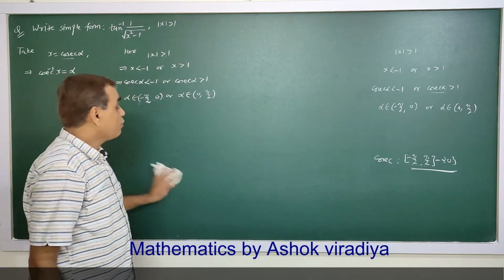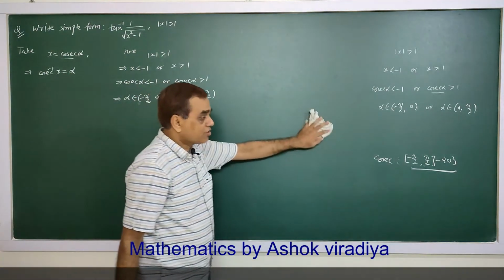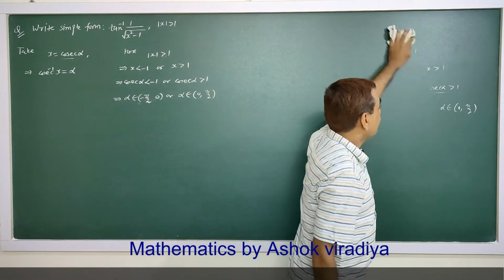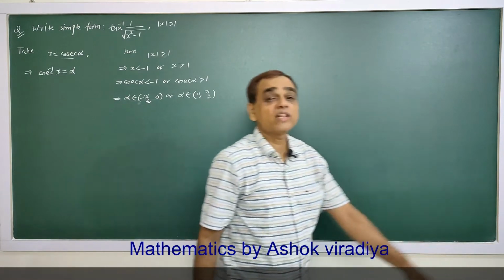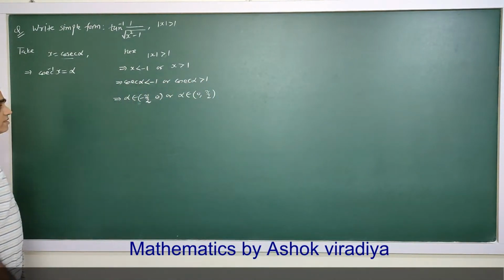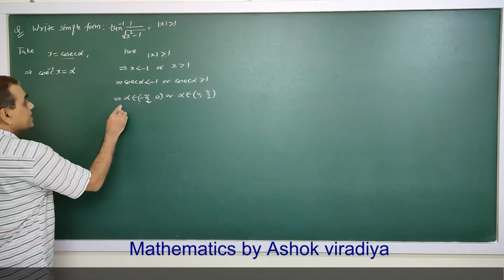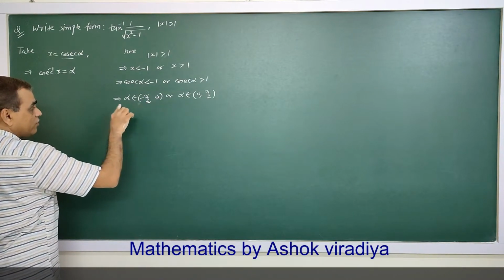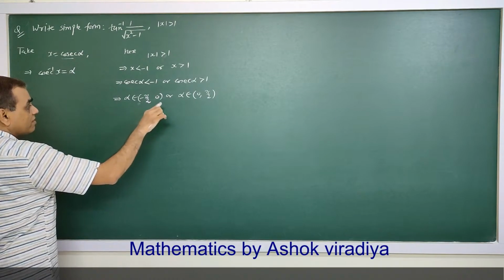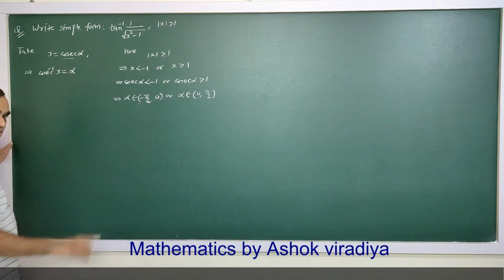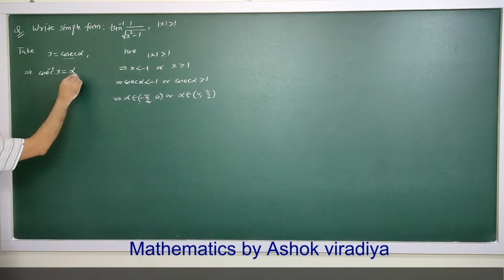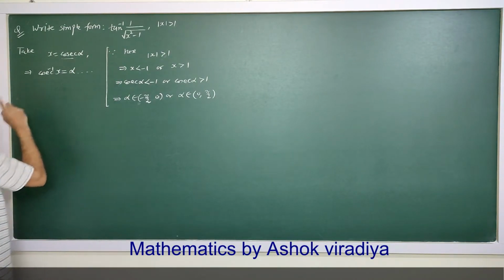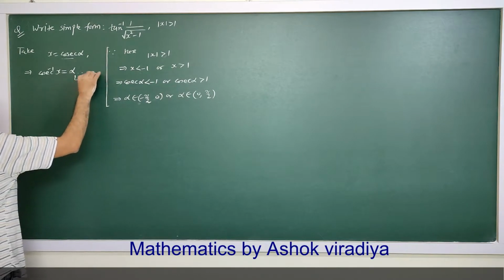But here we are excluding them, because modulus x is not equal to 1; it is more than 1. So you can see that this is a subset of the domain of cosec. That's why this is allowed. This is the reason for this step.